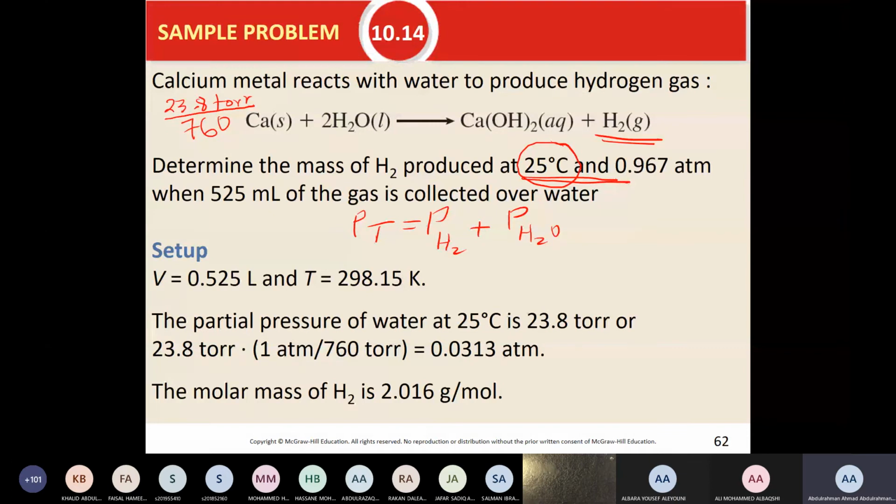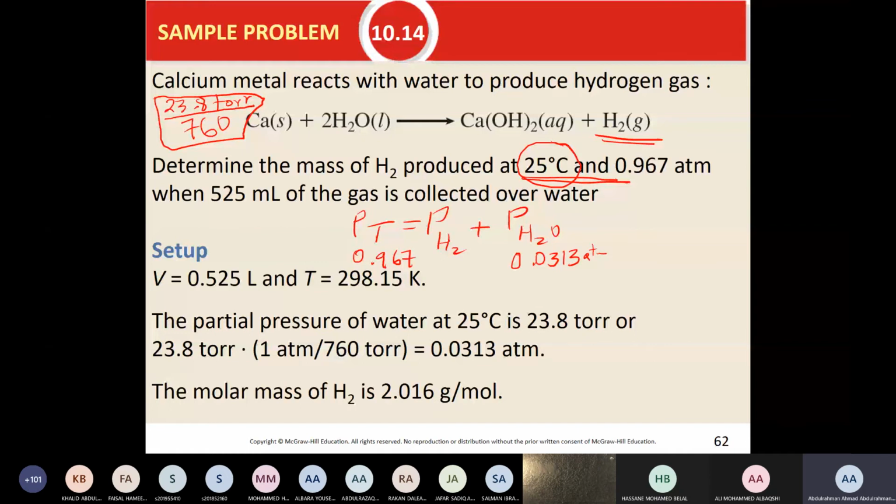The P total here is 0.967. What's the pressure of water only? From here, 0.0313 atmosphere. Yes, exactly.